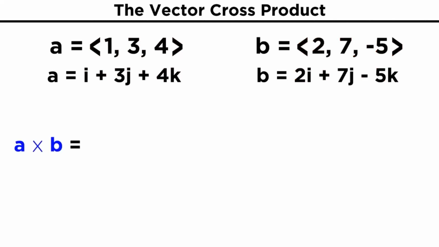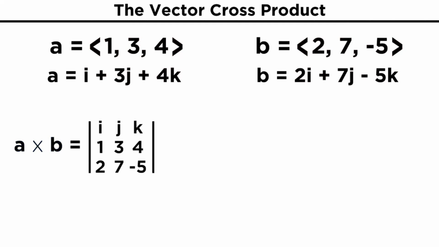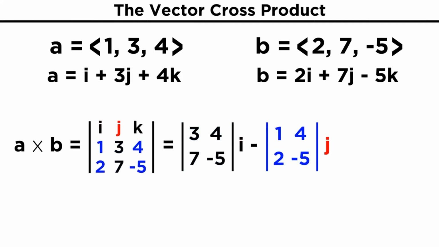The way we find this cross product, or A cross B, is by finding the determinant of the following 3 by 3 matrix, with i, j, and k across the top row, the components from vector A in the second row, and the components from vector B in the third row. We know how to get the determinant of a 3 by 3 matrix, so this is no problem. We just get i times the determinant of this 2 by 2 matrix, minus j times the determinant of this one, plus k times the determinant of this one. Now we can find each of these.